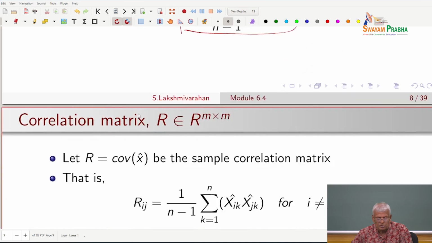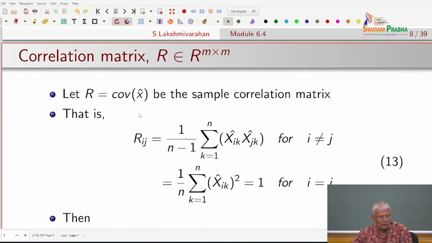Once I have the covariance matrix, I can also consider its close relative, the correlation matrix. The correlation of X is given by X hat. So X tilde is used for covariance, X hat is used for correlation, and that comes from the definition of correlation and covariance.